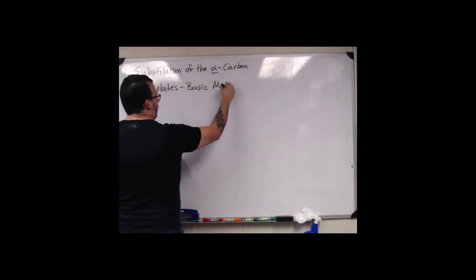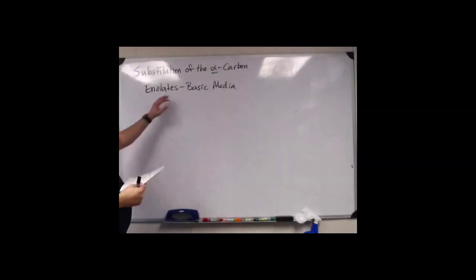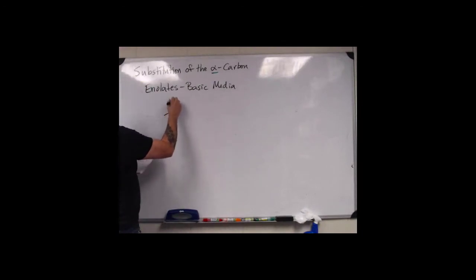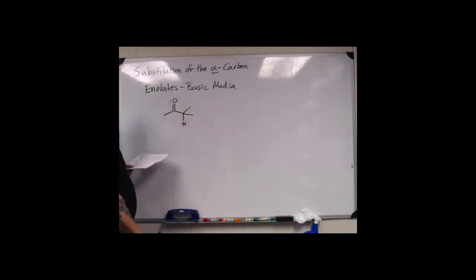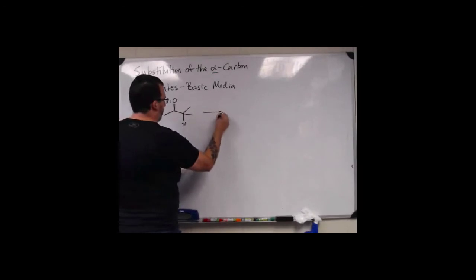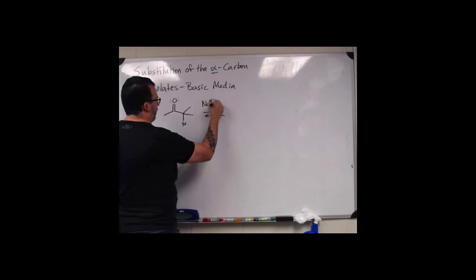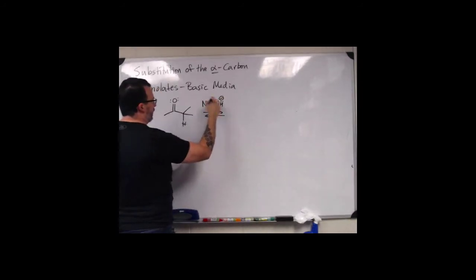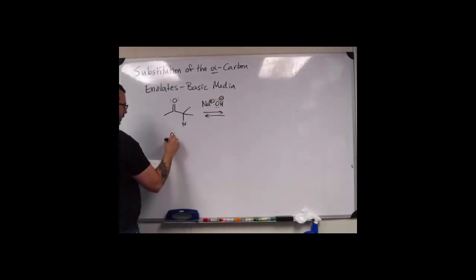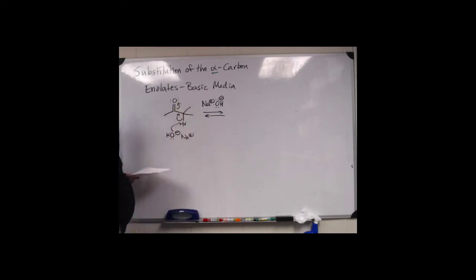So enolates form in basic media. Here's our ketone that we were just looking at. If we're treating this with, say, sodium hydroxide, so there's a base, it's abstracting the alpha proton.